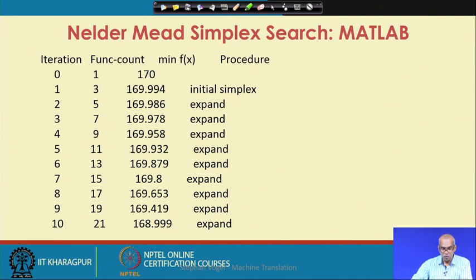MATLAB uses the default values for gamma, beta, etc. I have shown the first 10 iterations here. You see that the function value starts with 170, same as we discussed when we hand computed it, and it goes on expanding.